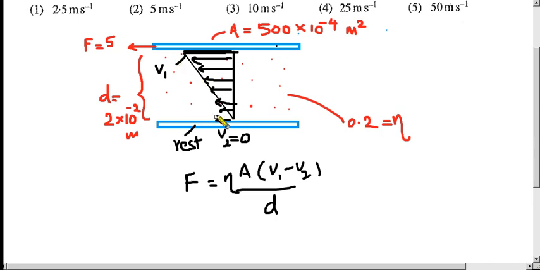So the velocity is changing like this. The velocity at the bottom layer is 0, so we can't draw an arrow there, that is 0. What we have to find is this middle point, the velocity of this middle layer.